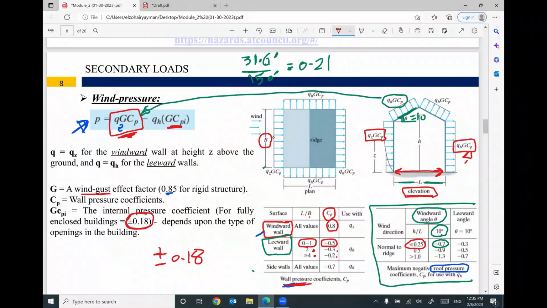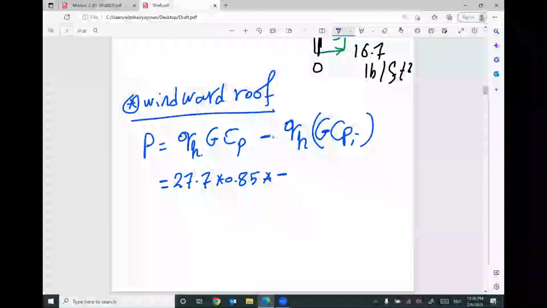This is the reason why I used negative 0.7, because for the windward roof pressure, we have different values, 0.7, 0.9, 1.3, all of them negative. Which value I'm gonna use is based on the relationship between H and L. In our case it equals 0.21, which is smaller than 0.25, so your value will be negative 0.7.